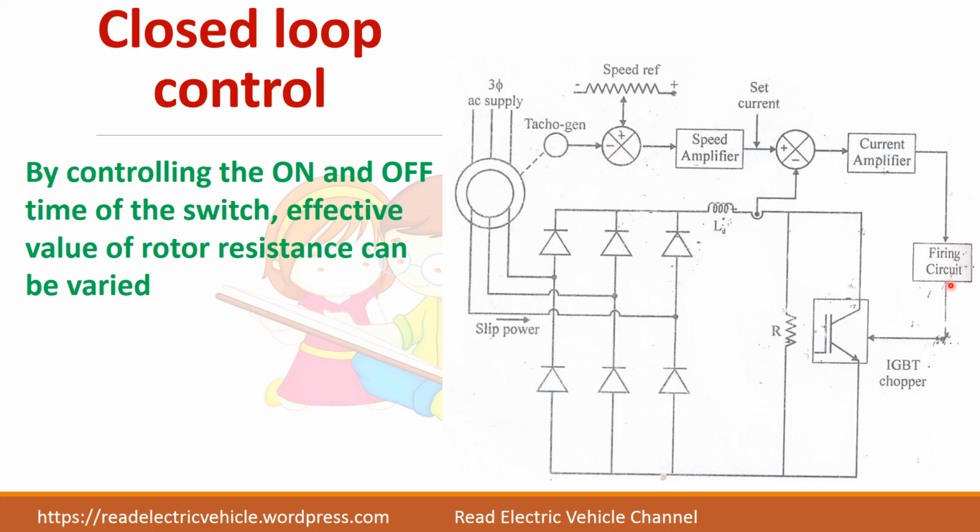You can remember always there will be two controls in any drive system. This is the basic drive system, that is inner current loop will be there and outer speed loop will be there. So first you have to measure the speed and set a reference which will give you an error, which can be given to a P controller, PI, PID or fuzzy or whatever controller you want.